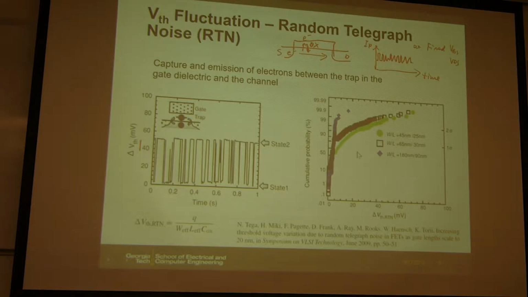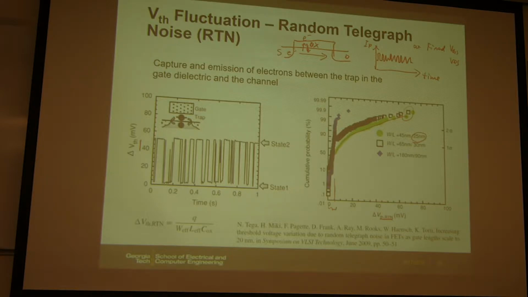As we shrink the technology, this is purely due to the RTN, and you see that initially most of the devices have very small sigma, maybe 10 millivolts. But as we shrink the device to here, then we have a long tail, and some devices may have like 6 millivolts sigma in the VTH due to the RTN effect.